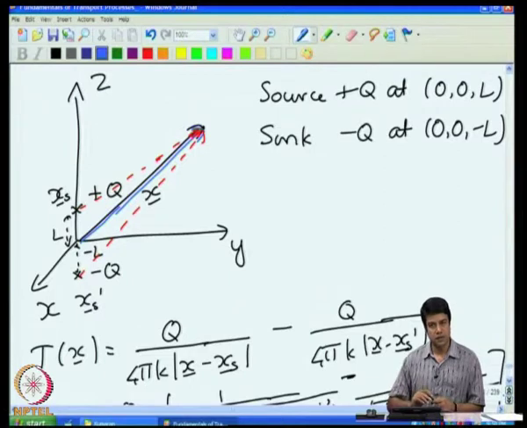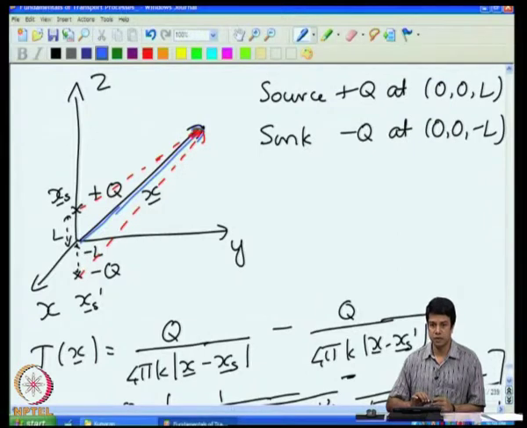And finally, I had made a connection between the spherical harmonic expansions and the point source formulation. The decaying harmonic solution for n is equal to 0, the spherically symmetric solution, is identical to the temperature field due to a point source.